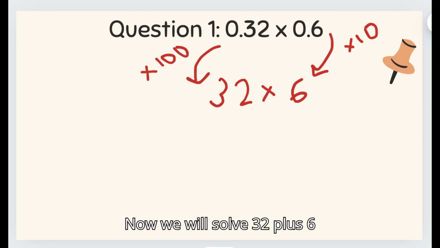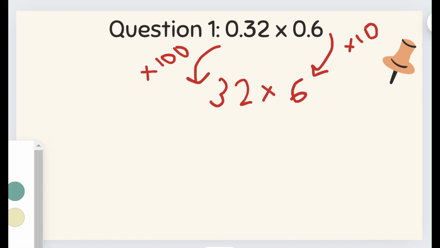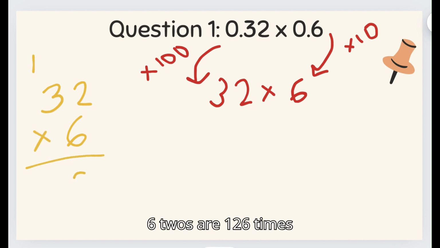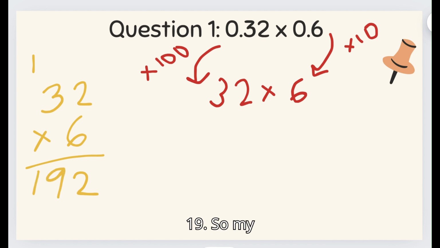Now we will solve 32 times 6. 6 2s are 12. 6 times 3 is 18. 18 plus 1 is 19. So my answer for 32 times 6 is 192.